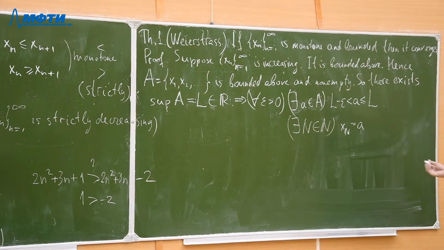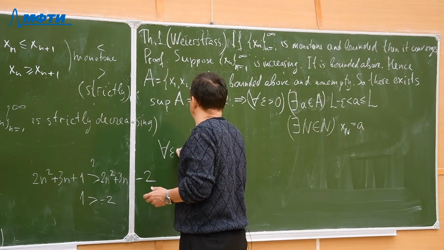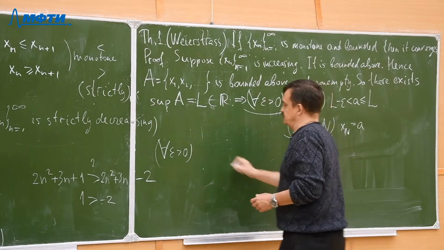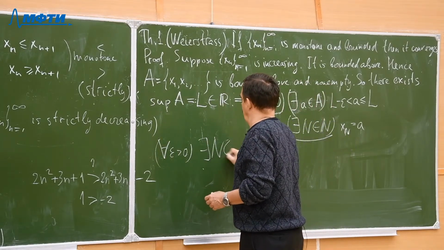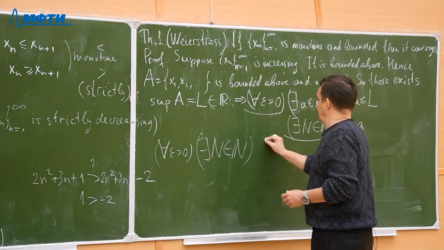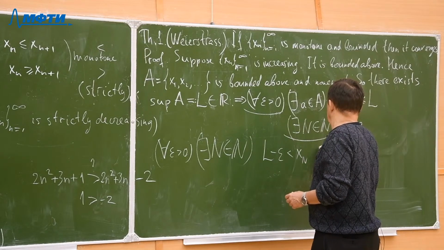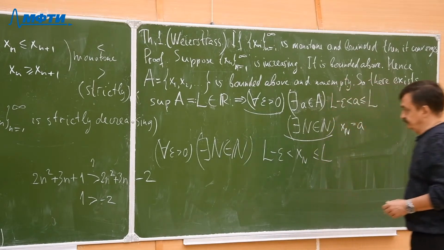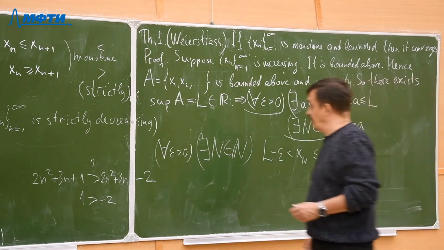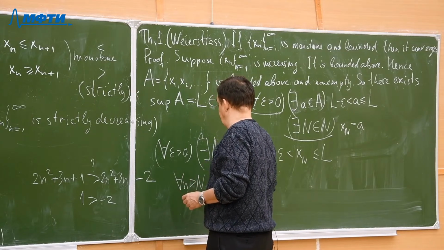And it means that we have found that for arbitrary epsilon greater than 0, there exists N natural such that L minus epsilon is less than xN, which is less or equal to L. Now, what happens for arbitrary n greater than capital N?